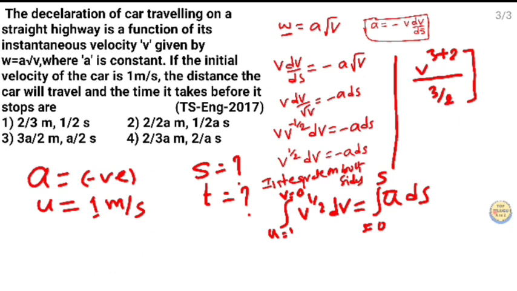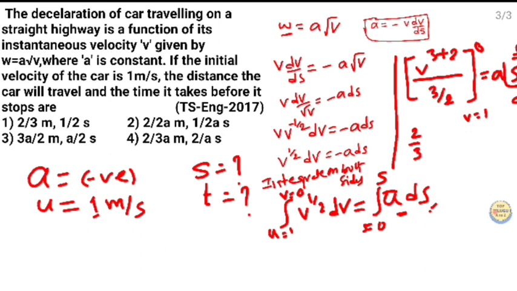So limits v is equal to 1 to 0 is equal to a, a is the constant, integration ds value is s, limits 0 to s.